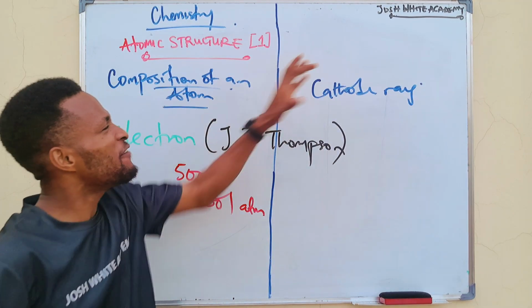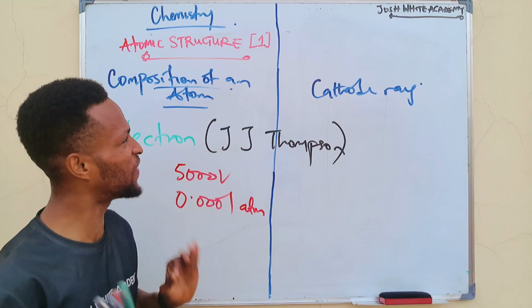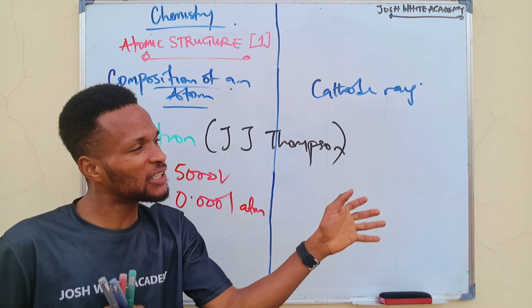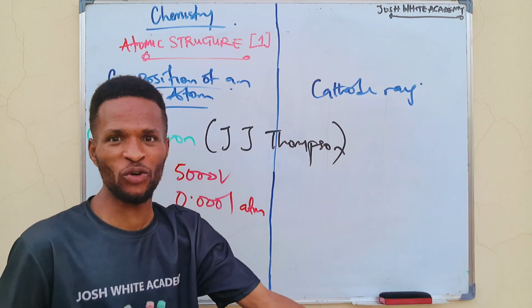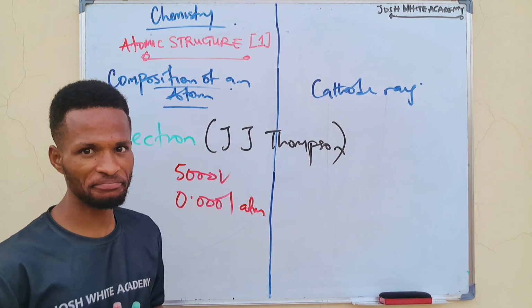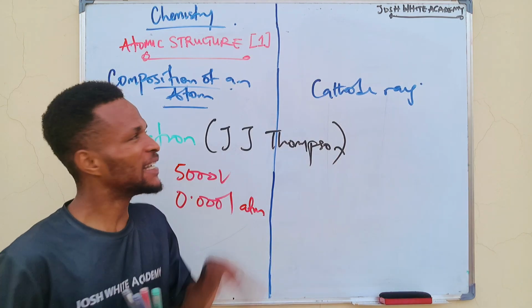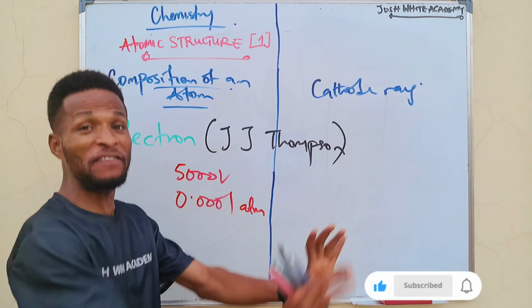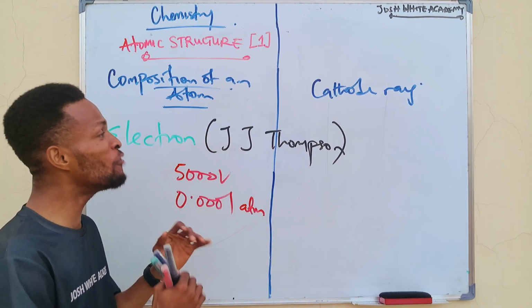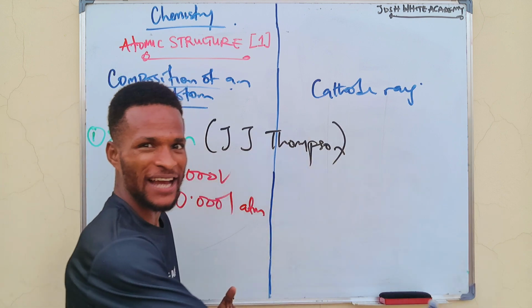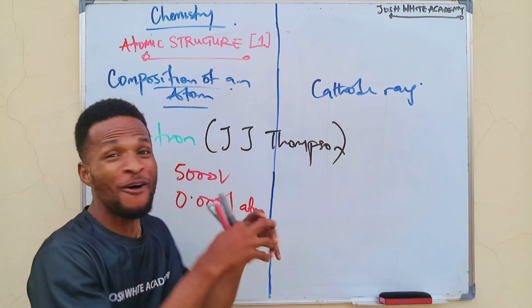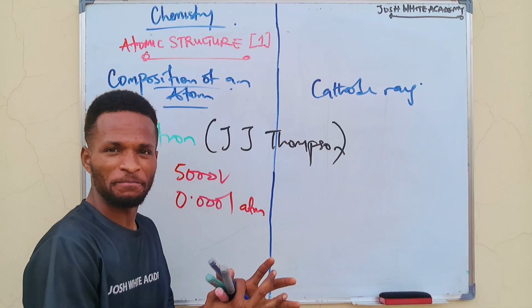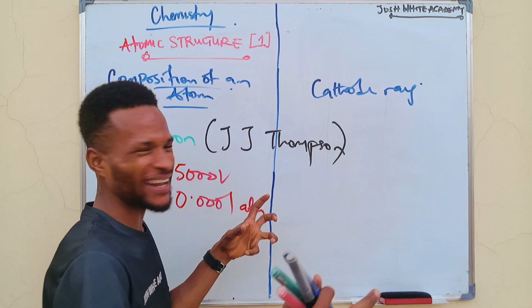Further experiments proved that cathode rays move in a straight line and cast the shadow of any obstacle on their path. Number two, it proves that cathode rays are negatively charged as they move towards the positive terminal. Remember, in the law of electrostatics, unlike charges attract, while like charges repel.